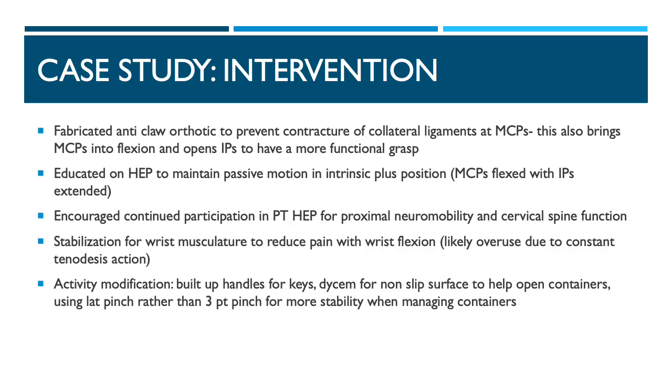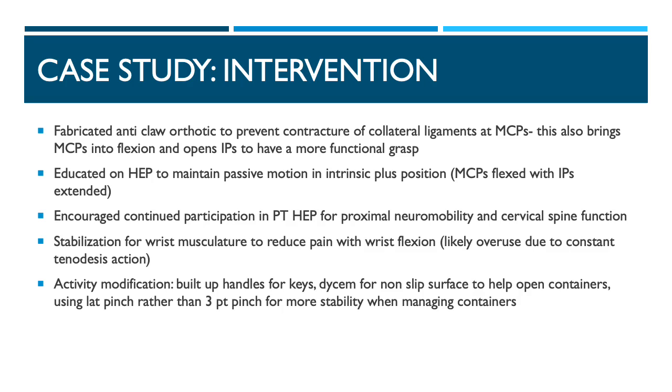Then one thing we worked on also is stabilization for wrist musculature, because he was having a lot of pain in his wrist when he was trying to use his hand. I think it's because he was overusing his wrist flexors, as he was constantly coming into that tenodesis position. So we worked on a lot of stabilization to make sure that all wrist musculature was working well to hold his hand in a steady position.